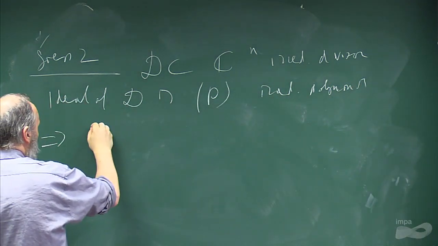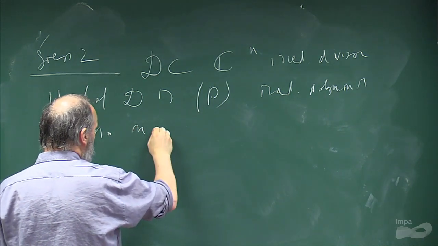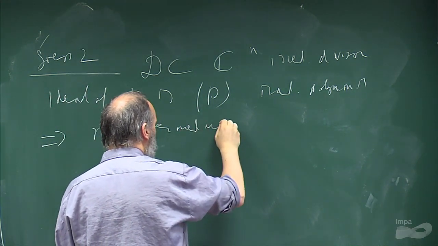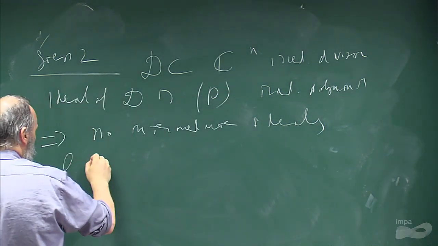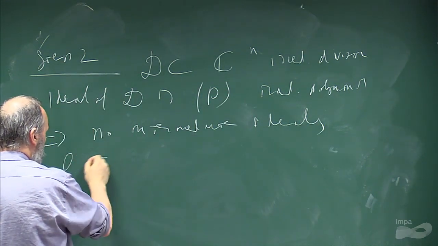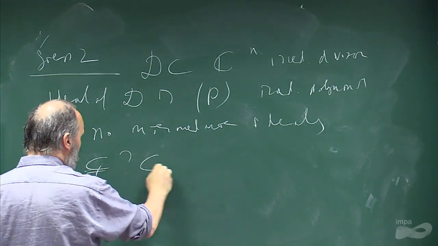Therefore, there are no intermediate ideals between 0, contained and not equal to something, contained in P.